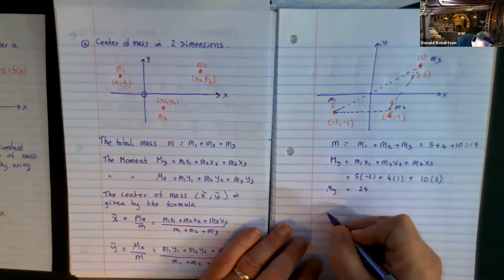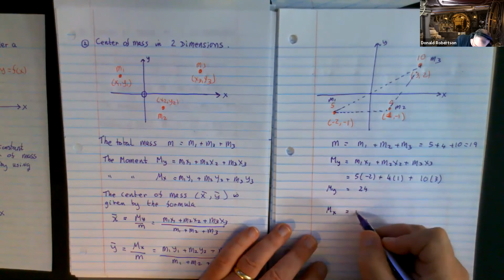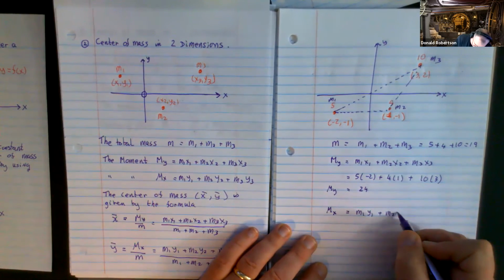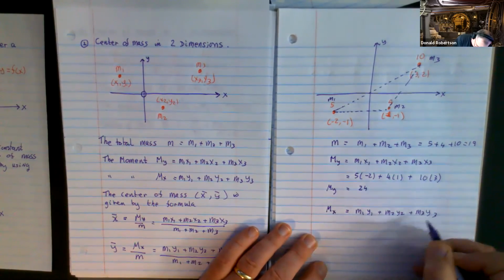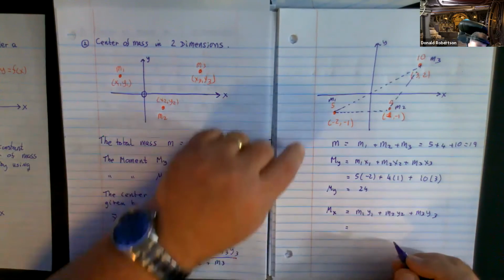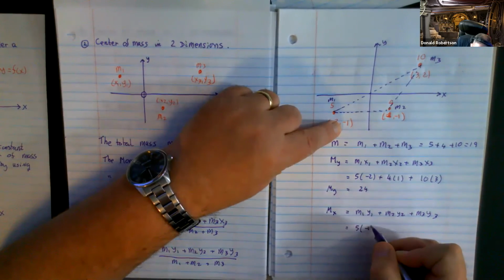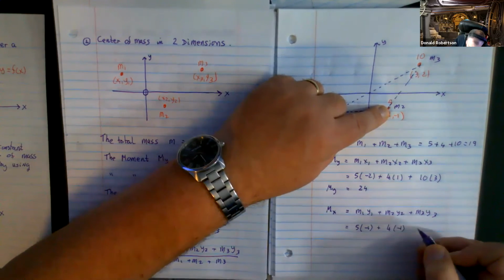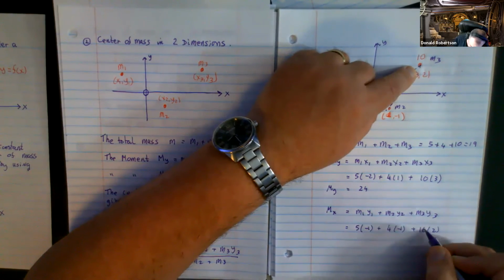And the moment of x's is m1 y1, m2 y2, m3 y3. And that's going to be the mass times the y coordinate plus the mass times the y coordinate plus the mass times the y coordinate.